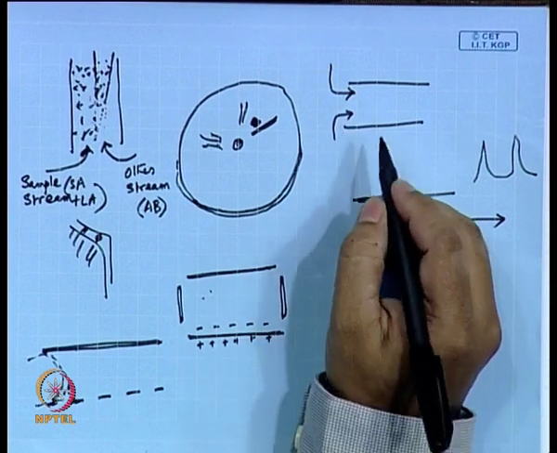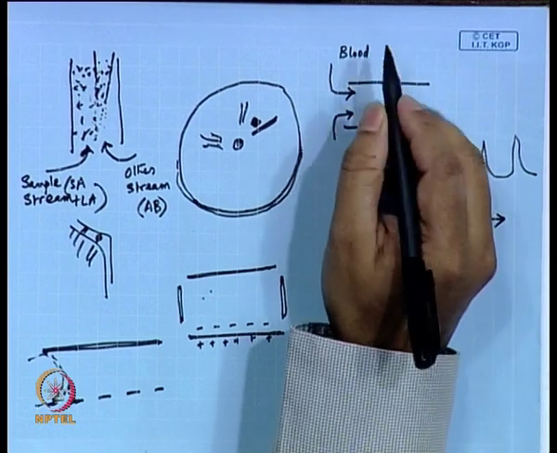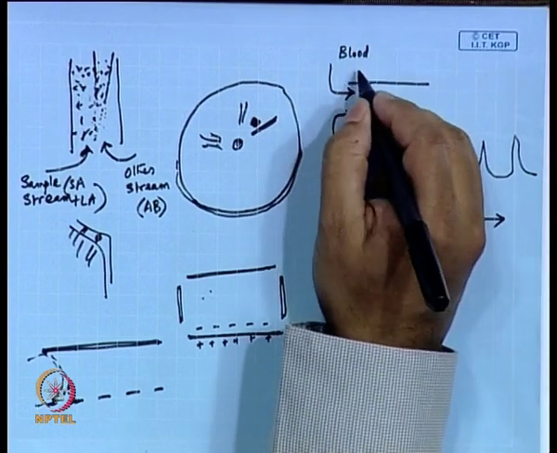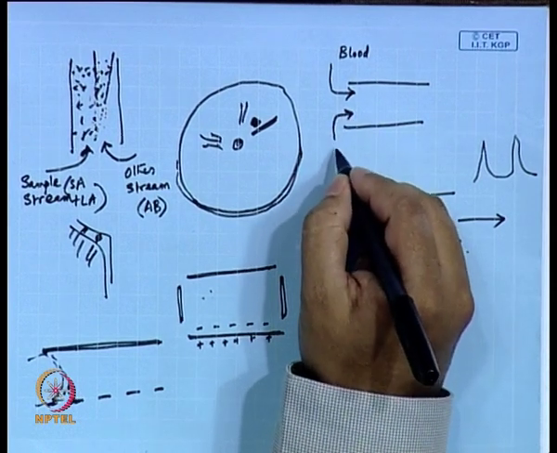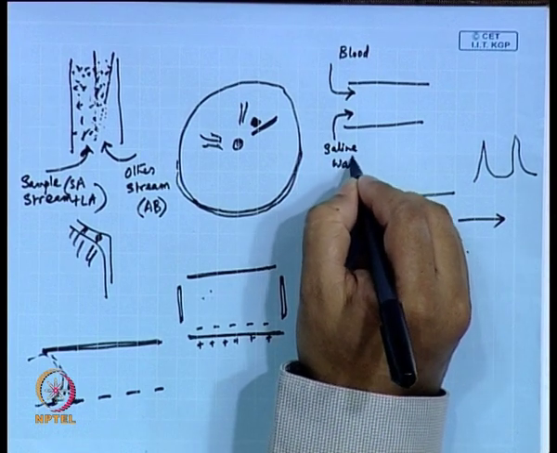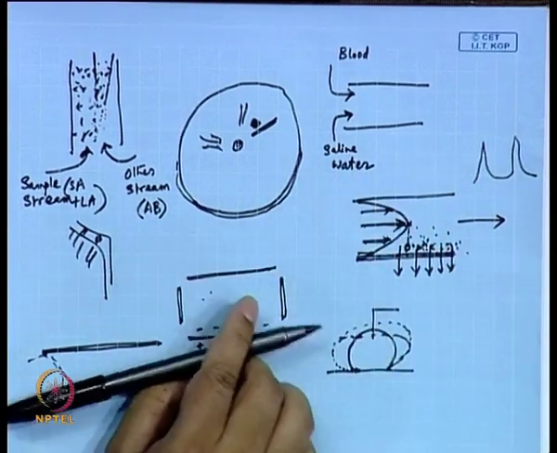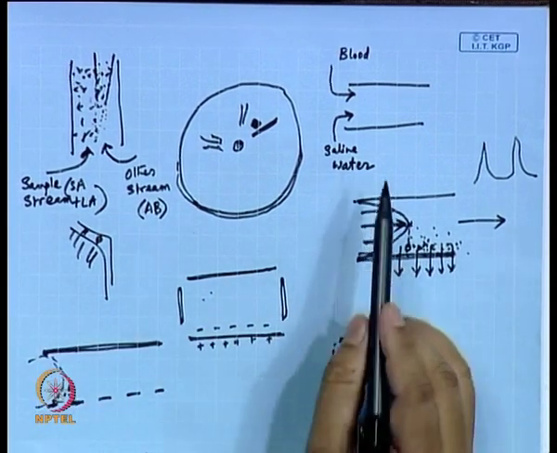One is blood containing aggregates of different sizes, and the other one is saline water. All right, so you have these two streams flowing side by side.